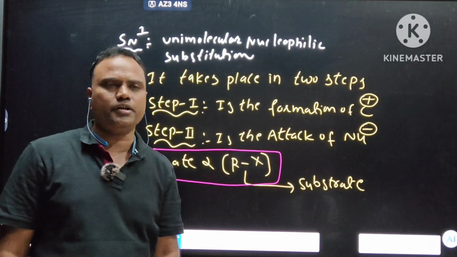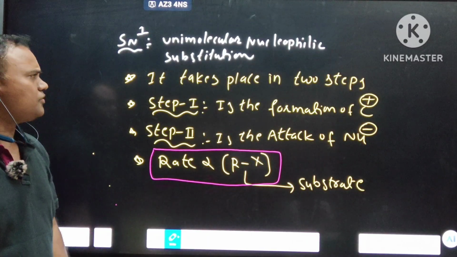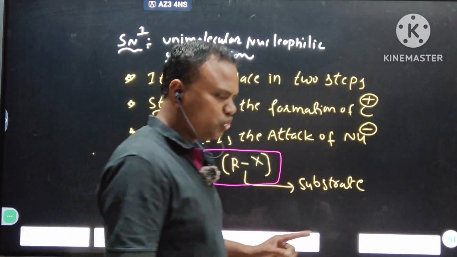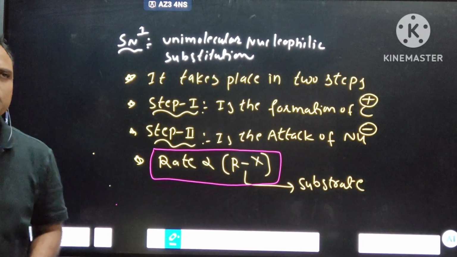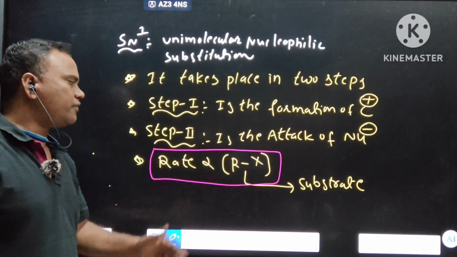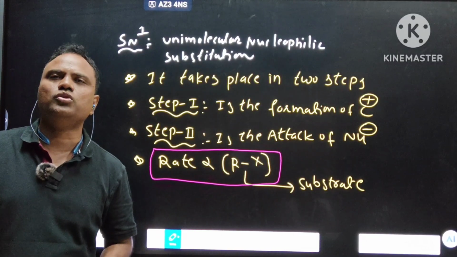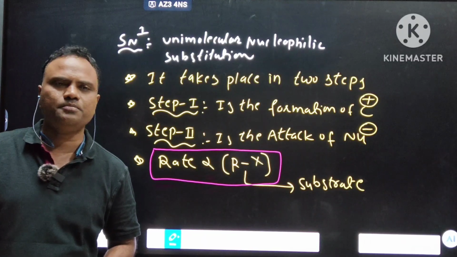Most important point, we will use it later. So SN1 is a 2-step process. Step 1 is the formation of carbocation. Step 2 is the attack of nucleophile. The rate of SN1 is proportional to the concentration of alkyl halide only.